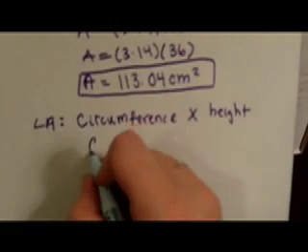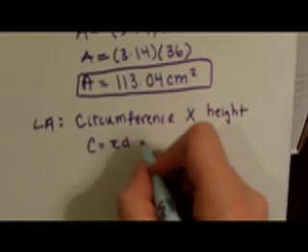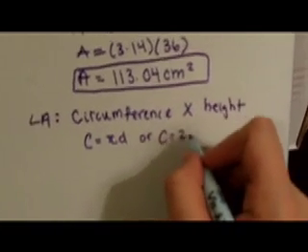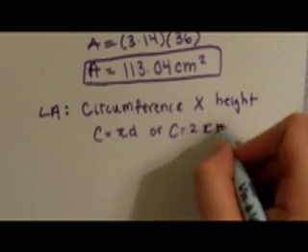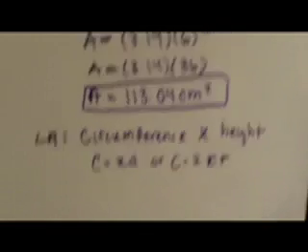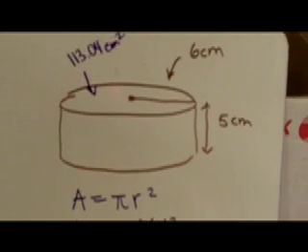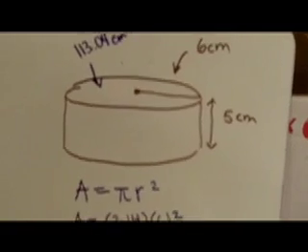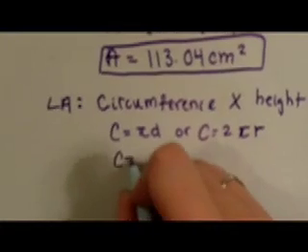The formula for the circumference is pi times the diameter, or 2 times pi times the radius, excuse me. If our radius is 6 centimeters, our diameter is going to be equal to the length of two radiuses put side by side. So our diameter is going to be 12 centimeters.